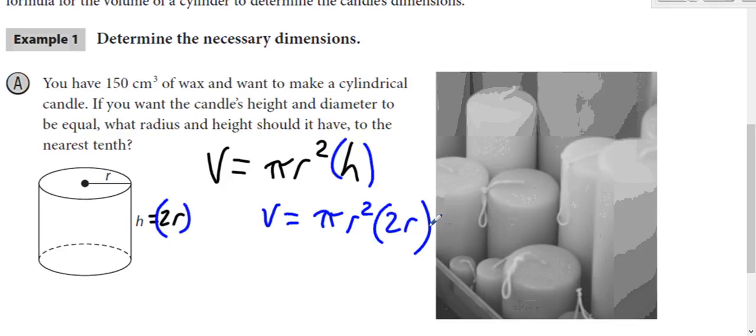When we work this out, r squared times 2r is 2r cubed. r squared times another r is r cubed. Don't forget the pi. And that equals the volume, which is 150.